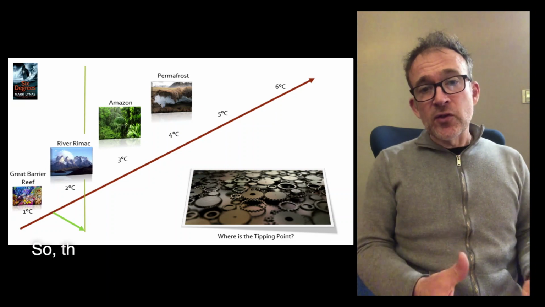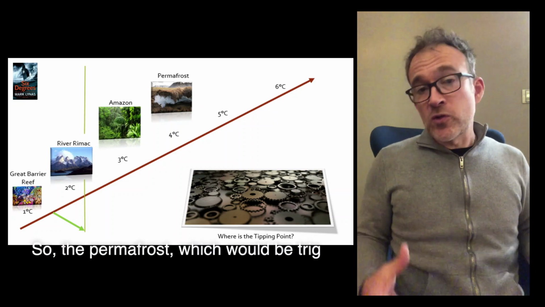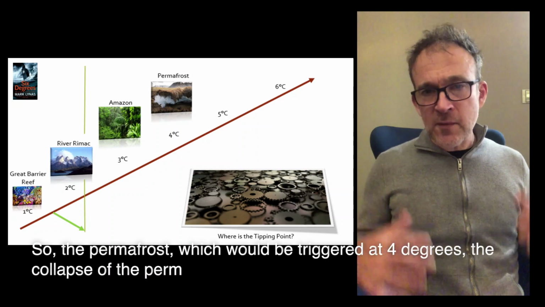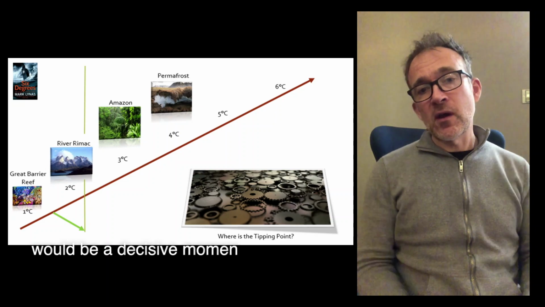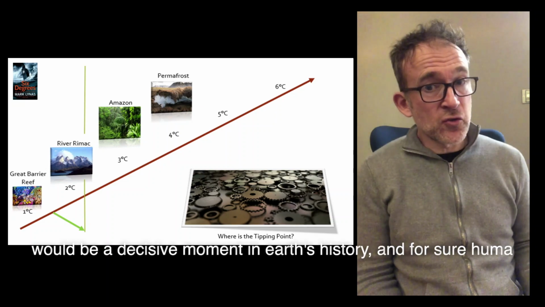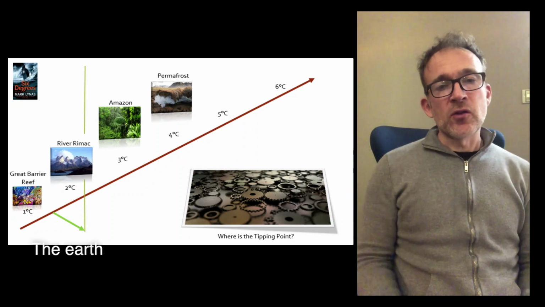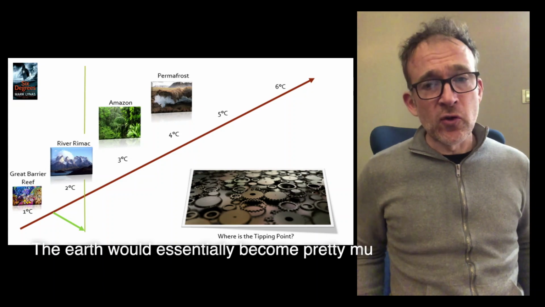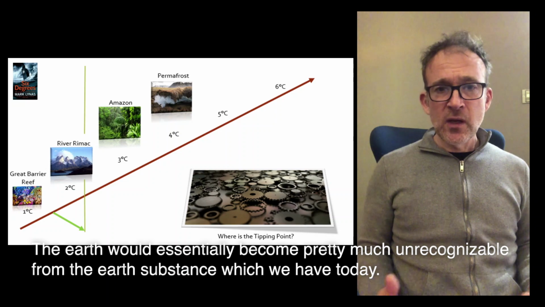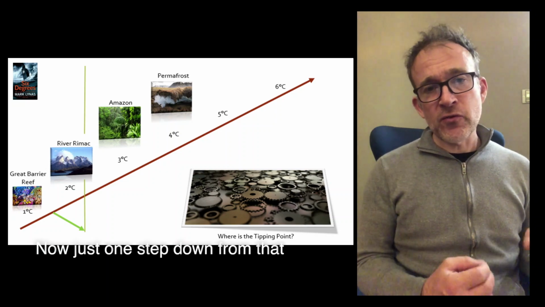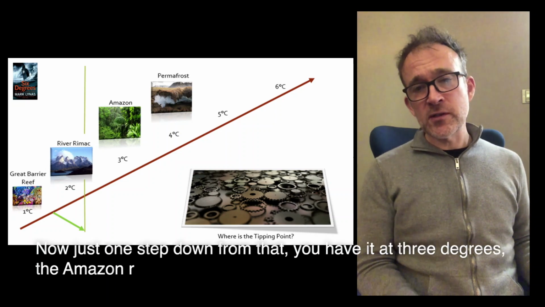So the collapse of the permafrost at 4 degrees would be a decisive moment in Earth's history, and for sure human history. The Earth would essentially become pretty much unrecognizable compared to the Earth systems which we have today. Now, just one step down from that, you have at 3 degrees the Amazon rainforest.